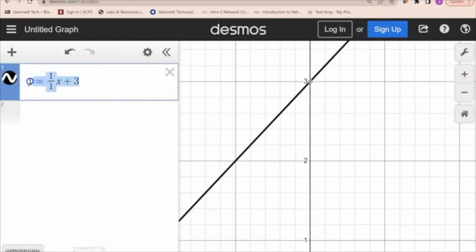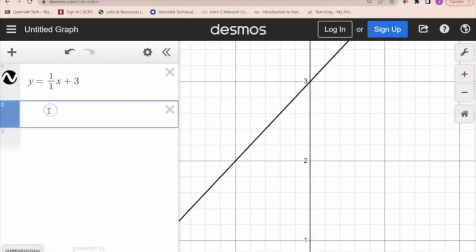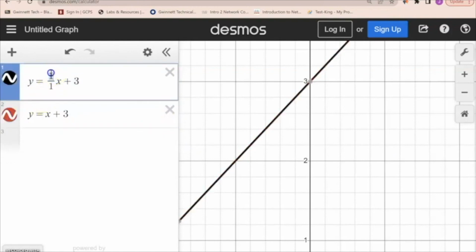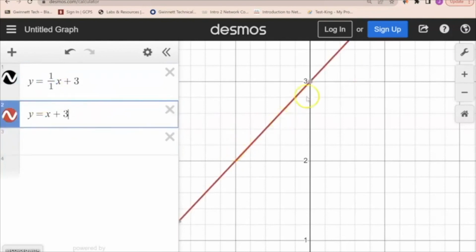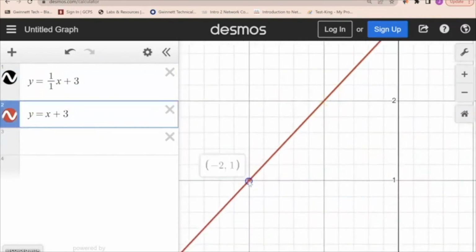And I'm going to show you that it's going to be the exact same graph without this 1 over 1 because the 1 over 1 does not change anything. So you see the red line and the black line are the exact same thing. So the only reason I write this 1 over 1 is because I want to tell myself to rise 1, run 1. But if you're using the calculator, it's just right there. Find what? 2 corners. So here's a corner. Here's another corner right here. It's at -1, 2. If that doesn't work for you, here's another one.